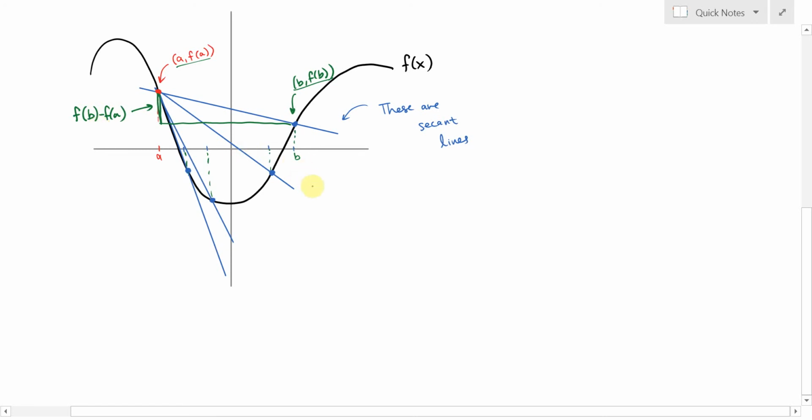And this one is b minus a. That's your run. So f of b minus f of a divided by b minus a is your change in y over change in x, and that is the slope of the secant line.